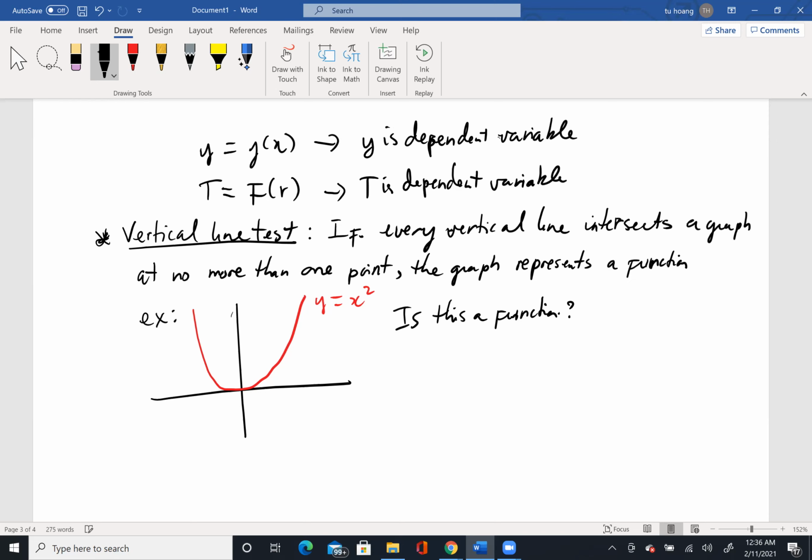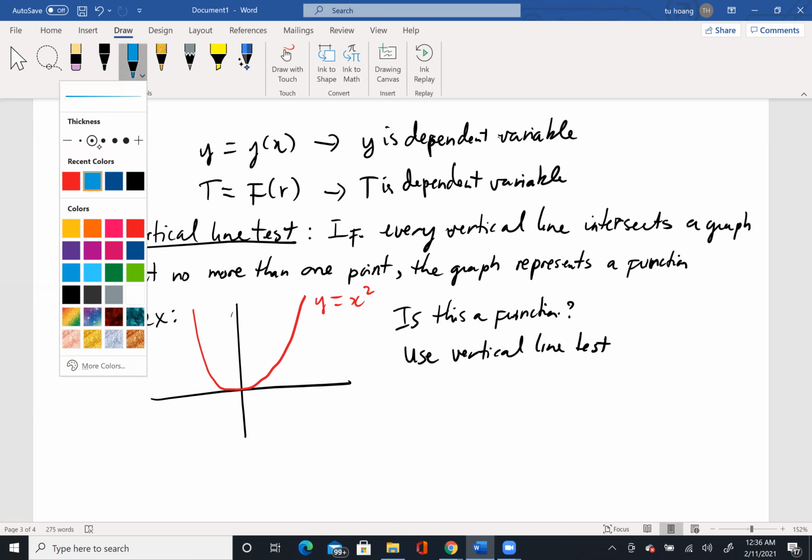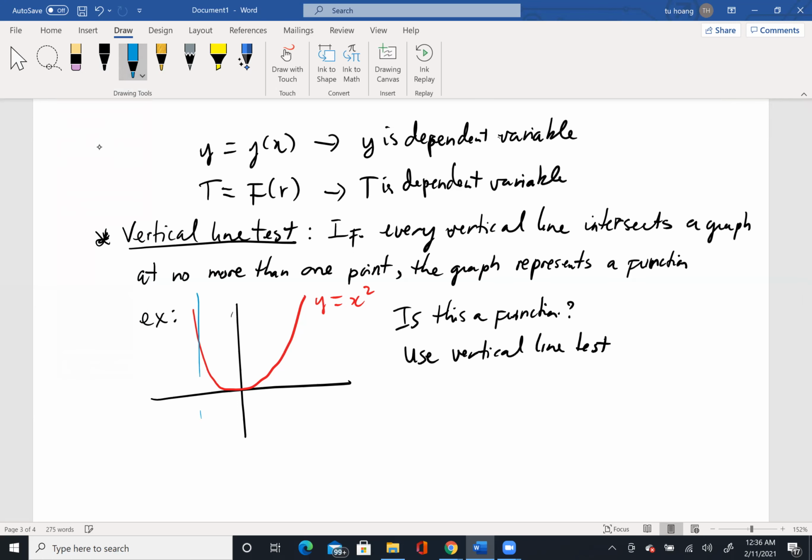I'm gonna use the vertical line test and try some vertical line to check if the vertical line intersects the graph at only one point, right?